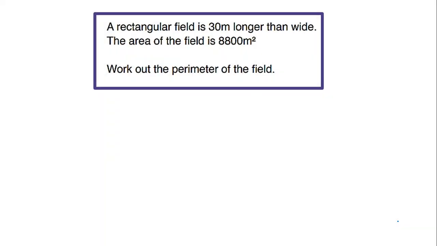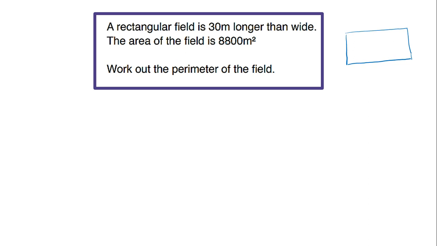So today's question is, a rectangular field is 30 meters longer than wide. The area of the field is 8,800 meters square. Work out the perimeter of the field. Now, first of all, as you can see, this is a rectangular field. So let me just draw a rectangle for a rough representation of what it looks like.